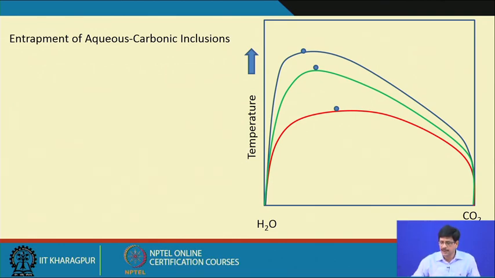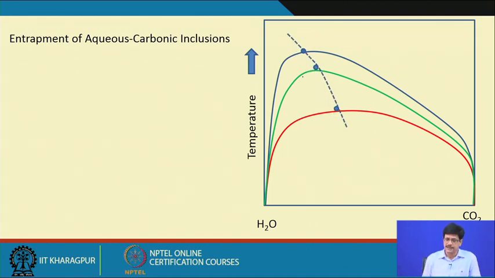It is also possible that, as we have said, we are not considering any conditions corresponding to heterogeneity in the fluid during the time of crystal growth, which is always possible in the case of the pure aqueous system, in which we have a boiling curve on which liquid and vapor coexist. So, heterogeneity is possible. Similarly, in this case the heterogeneity is also possible on those discrete solvi which we have shown at different pressures.